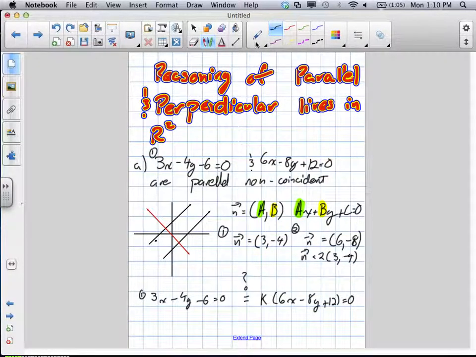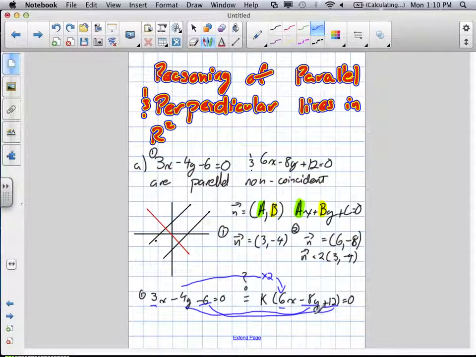Can I multiply one of the entire equations by a number to get the other? To go from 3 to 6, we would multiply by 2. Can I continue to do that? If I multiply negative 4 by 2, I get negative 8. And if I multiply negative 6 by 2, I don't get positive 12, I get negative 12.